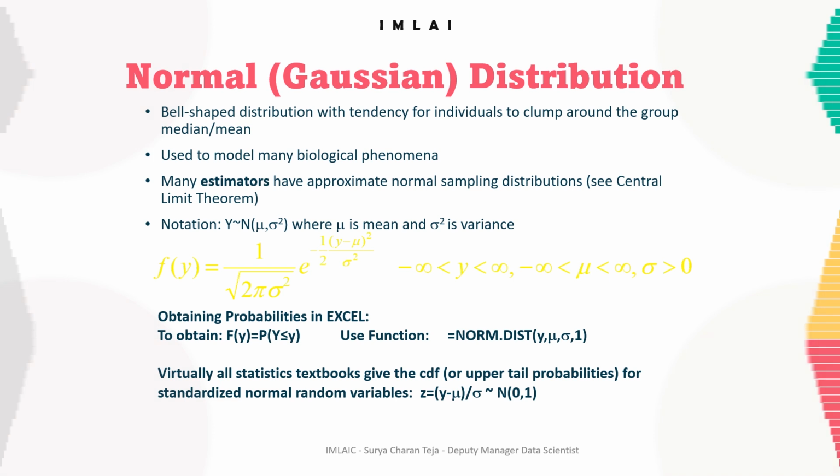Okay, so the normal distribution curve is a bell-shaped distribution with a tendency for individuals to clump around the group median or mean. It is used to model many biological, natural, financial, economical, and ecological phenomena.